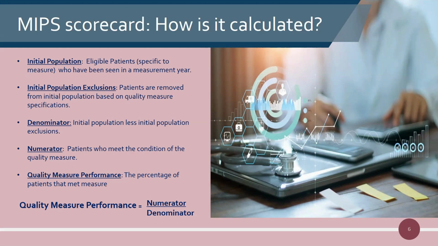This removal of excluded patients leaves you with the remaining patient population that falls within the denominator of the measure. From there, patients who meet the conditions of the quality measure are identified in the numerator. This is what renders a quality performance percentage for each measure you are assessed in.